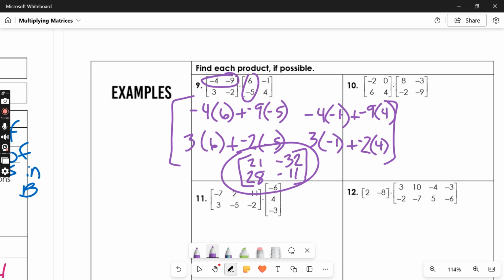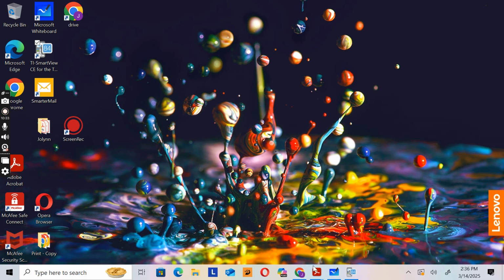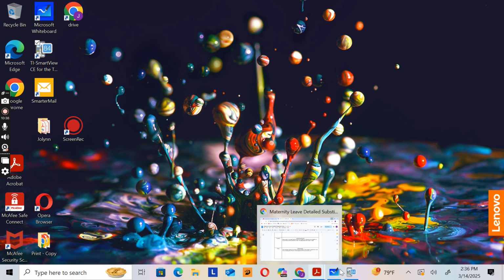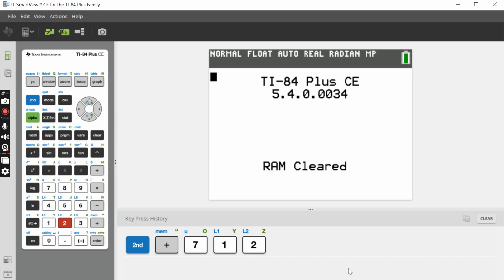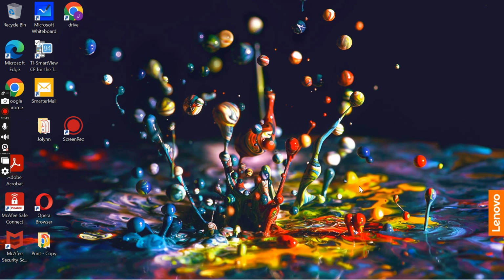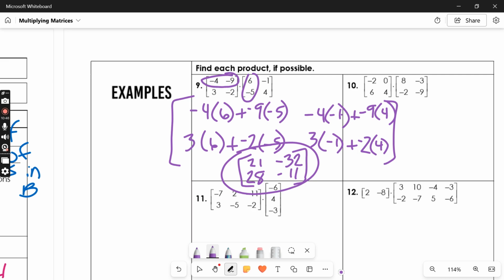Okay, so then I can look to see, I told you that you can do this in your calculator, so I was going to show you how to do that. Let me grab a calculator real fast. Okay, I'm going to write down this problem so that we can do the same one.